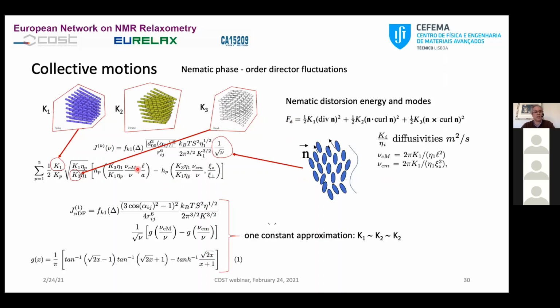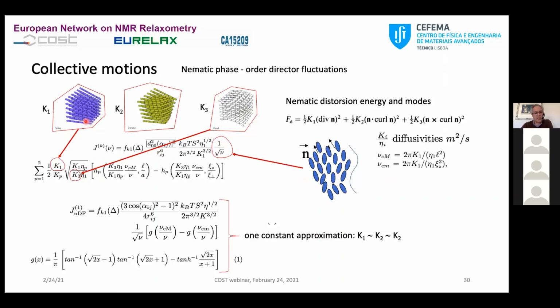And these spectral densities will depend on the elastic constants associated with the relaxation modes, and as well on the viscosities, because there will be more than one viscosity depending on the direction of flow that we are analyzing.